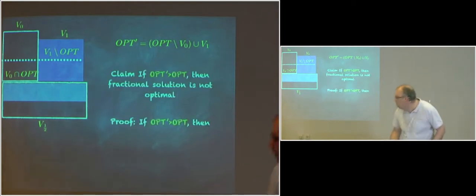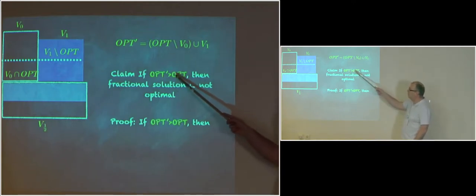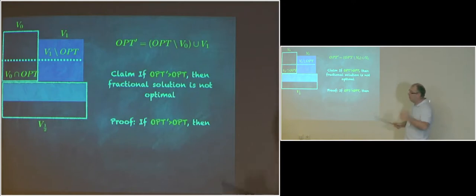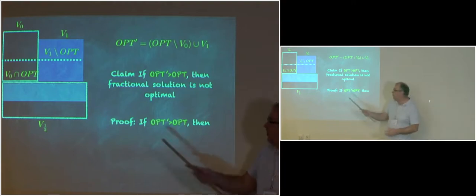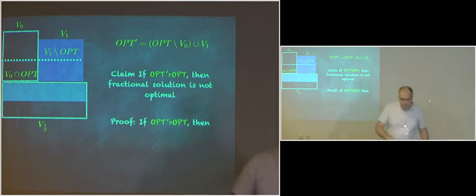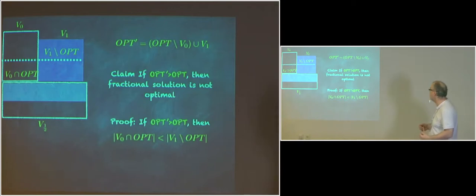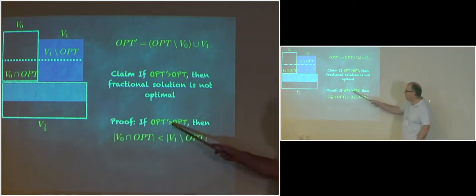Okay. And now I claim that if the size of opt prime is more than opt, then our fractional solution of the linear program is not optimal. That will be a contradiction. Suppose that opt prime is larger than opt.